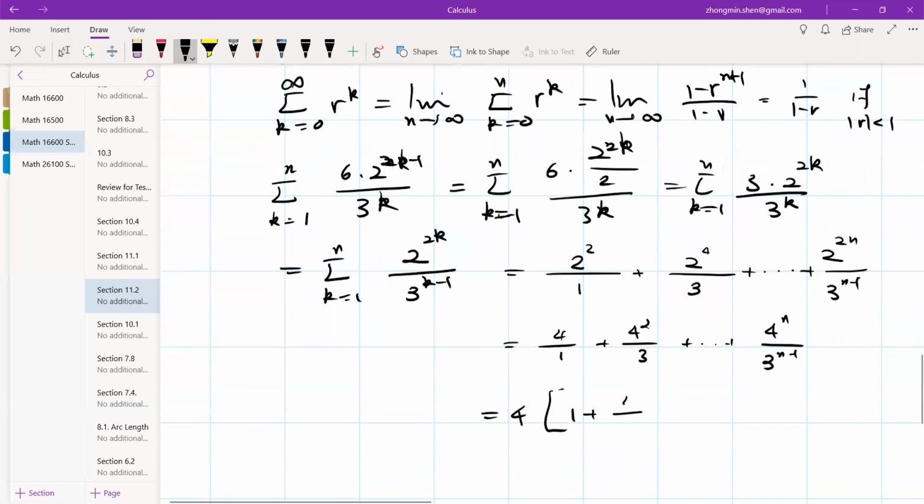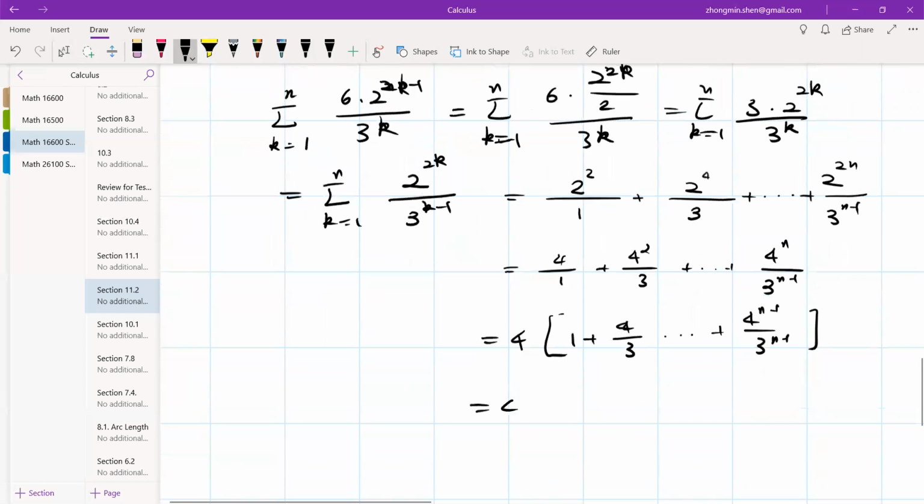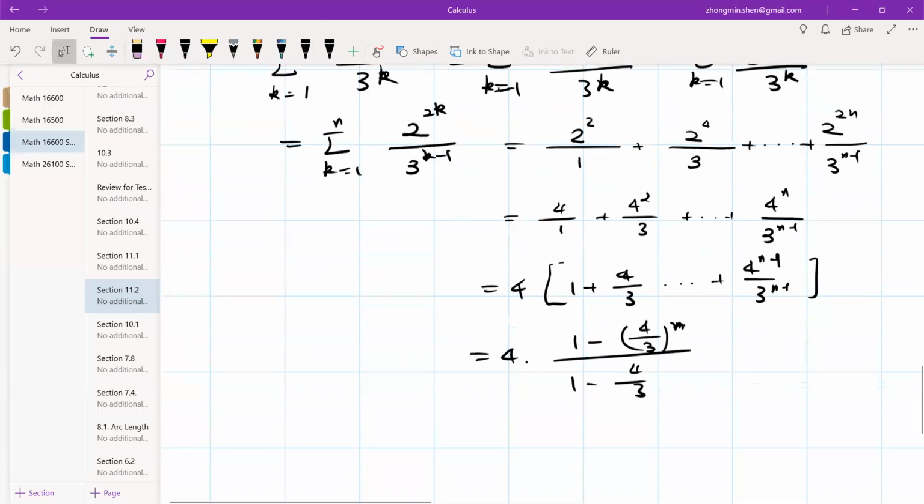Equal to 1 plus 4 over 3, up to 4 to the n minus 1 over 3 to the n minus 1, right? Then you can apply the formula. It is going to be 1 minus 4 over 3 to the n, because here it's n minus 1, over 1 minus 4 over 3. So you can find the sum of that.